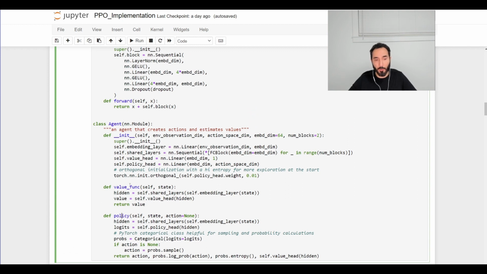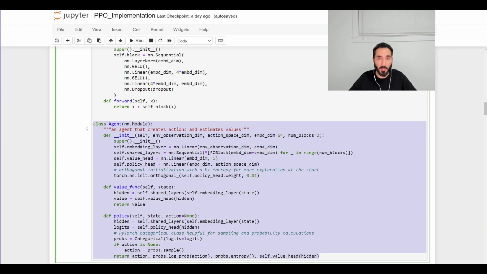So for the value function, the output is going to be just a value, and for the policy, the output is going to be the action, basically what action to take, which in this case is going to be a discrete number, either 0 or 1 for left and right, and the probability of the actions that we had in that state, the entropy of those probabilities, and finally the value of that state. So that's a pretty simple setup that we have here.